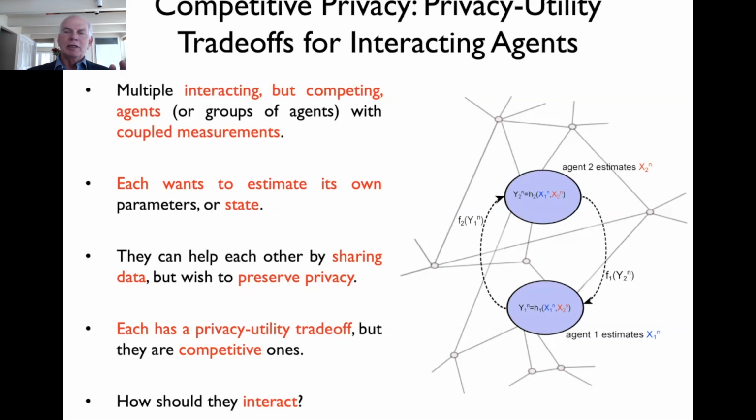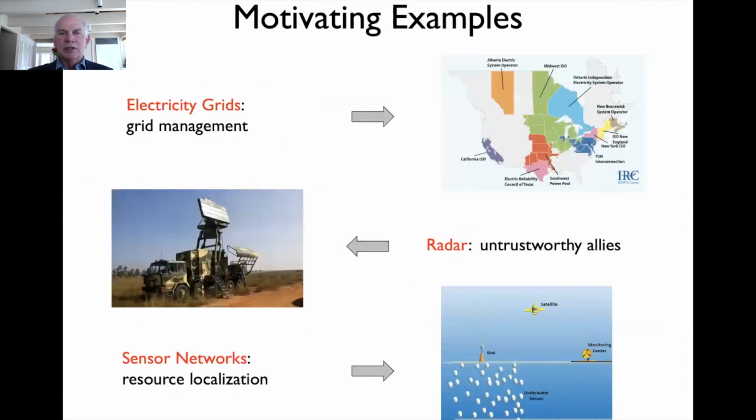The example I like to use is the electricity grid. Look at this up on the right. The way the electricity grid is managed is there are these RTOs, which every day predict the load and decide how much generation to put online.